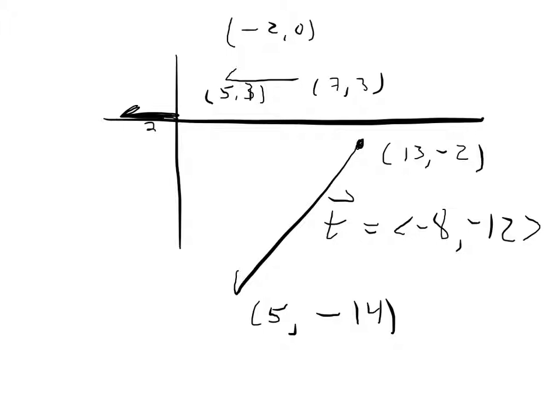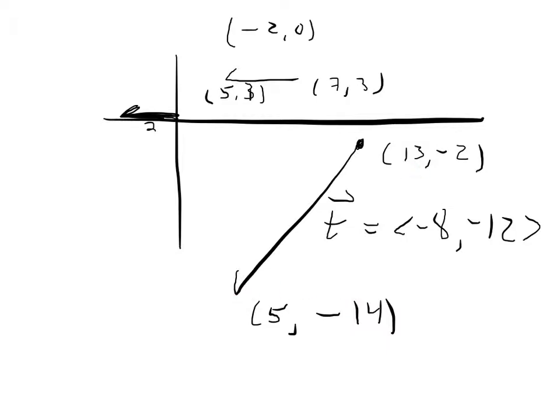So how about a vector here, vector t, which again points heading down, south and west. Suppose I know the coordinates of the tail are 13, -2, and the head is 5, -14. I've got a horizontal change in this direction going from right to left.